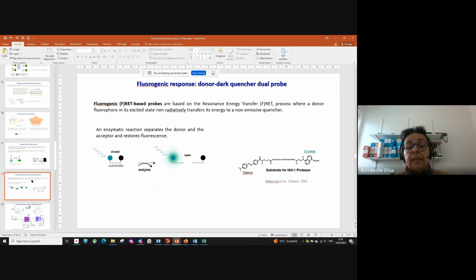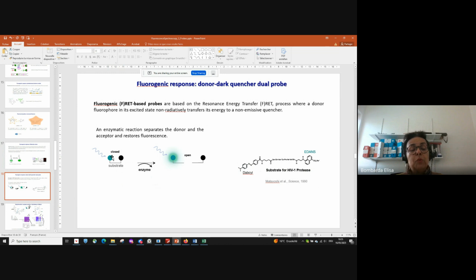As we said, the probe is composed of a fluorescence donor and a quencher acceptor, a molecule that does not fluoresce and whose absorption overlaps with the emission of the donor.